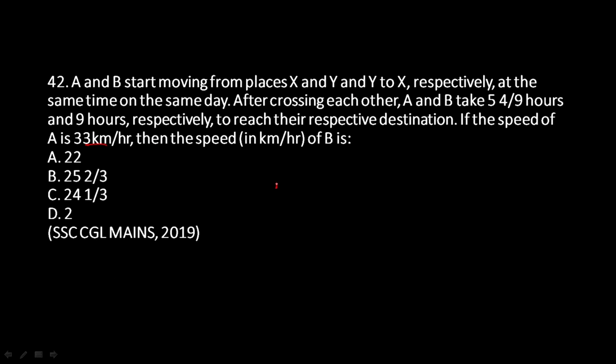What we have learned is that the ratio of S1, or in this case the speed of A by the speed of B, will be equal to the square root of the time after crossing each other of B divided by the time of A after crossing. So now we have to put in the data.